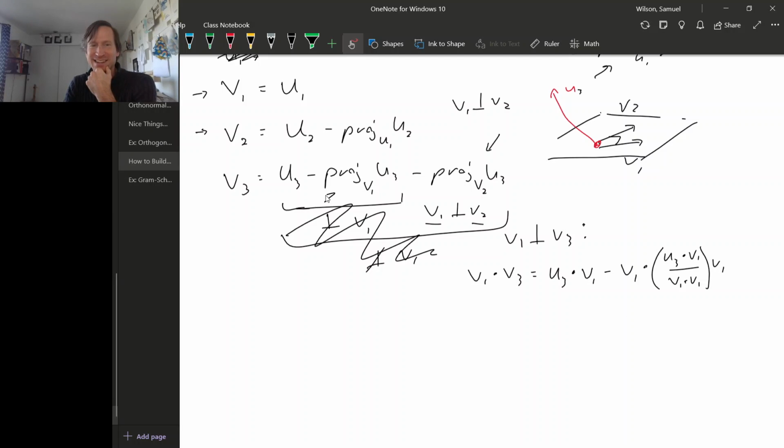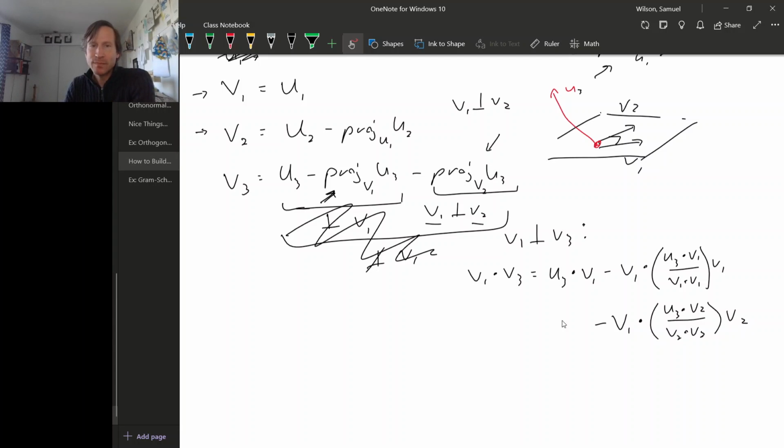Okay, so that's v1 dotted with this first projection, and then also we have to distribute this v1 to this third term. So v1 dotted with this projection is u3 dot v2 over v2 dot v2 all times v2.